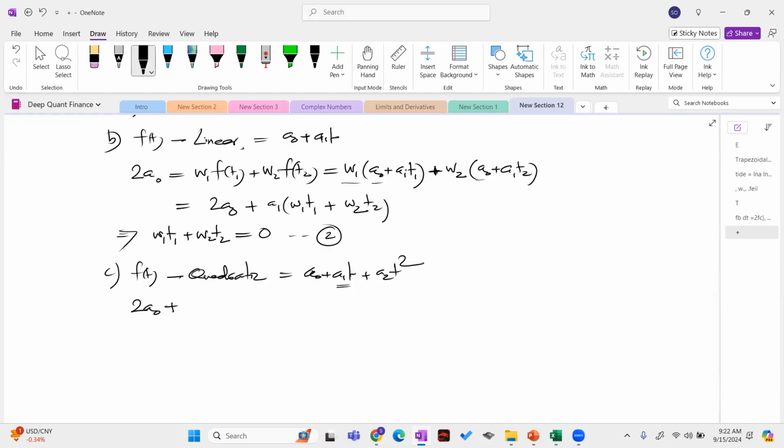Can you quickly tell me what is the integral of a2 t square dt from -1 to +1? Integration will be t cube by 3, correct? And then in place of t cube, you need to replace 1, then do a minus, and then also put a -1 there. So what will be the answer?